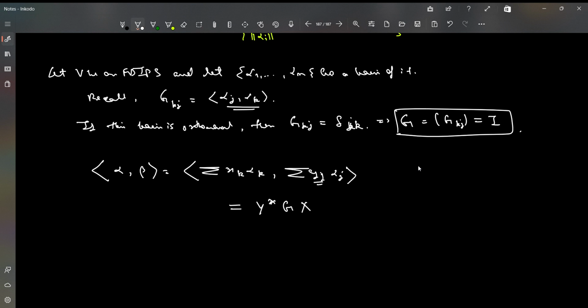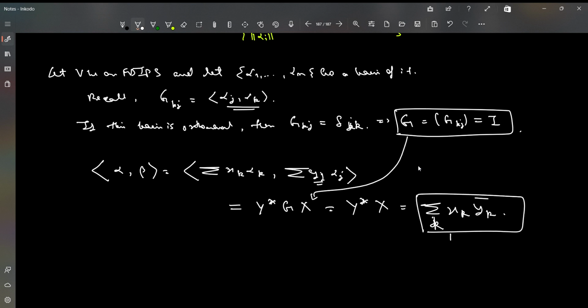But if G is identity, then this is nothing but y star x. But what is y star x precisely? How can we write it? It is the summation over k of x_k y_k bar, correct?